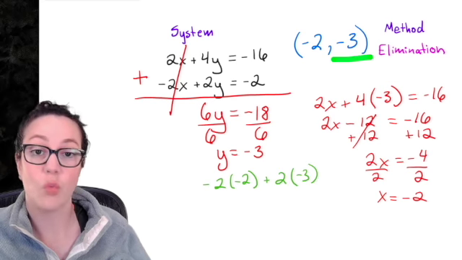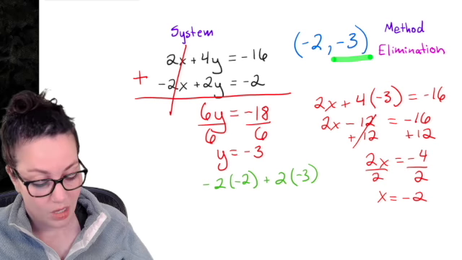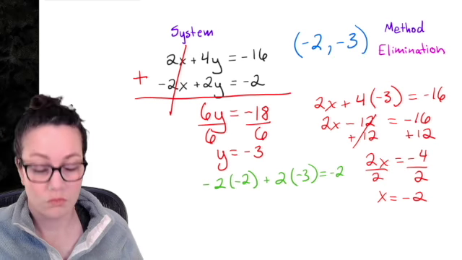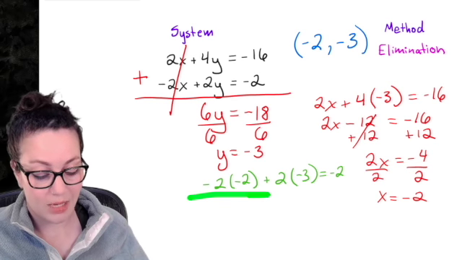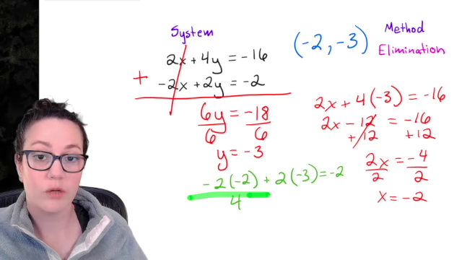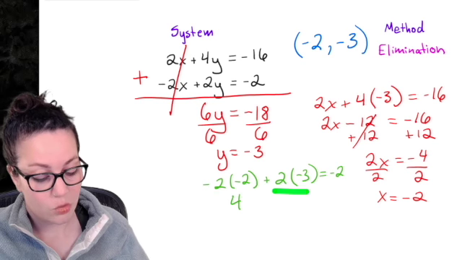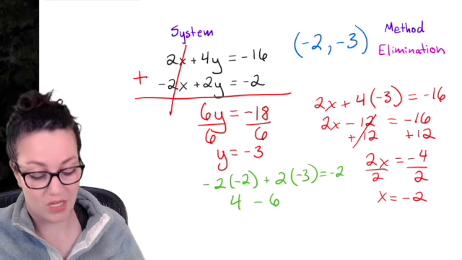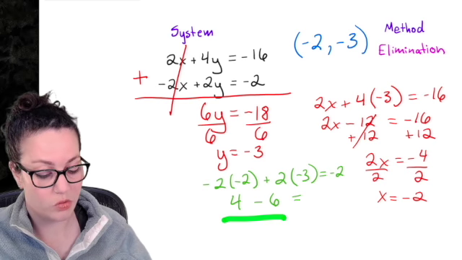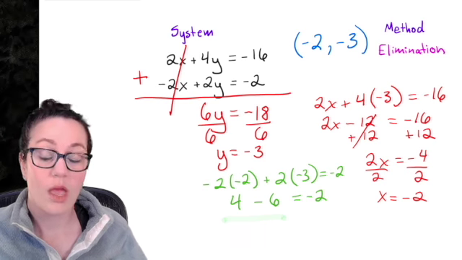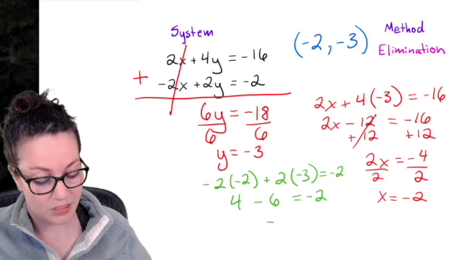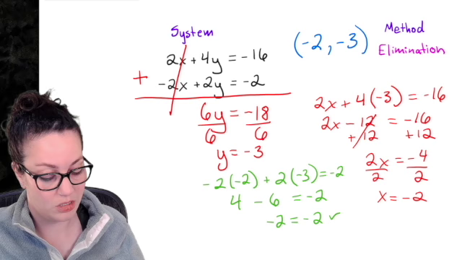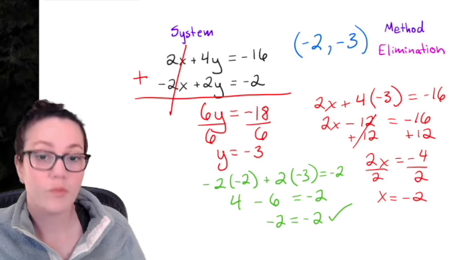That's what we found for y. And that should all equal negative 2. So negative 2 times negative 2 is positive 4. 2 times negative 3 is negative 6. So we'll make that 4 minus 6 equals negative 2. And then 4 minus 6 is indeed negative 2. So it checks out. Our solution is good to go.